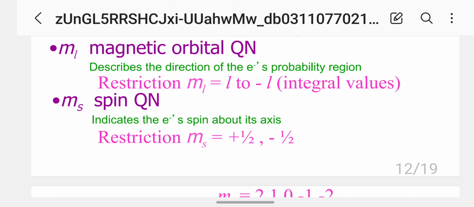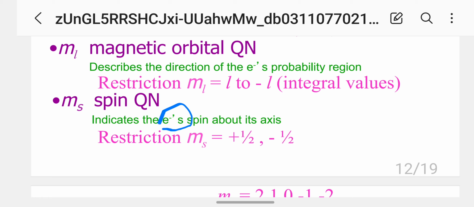That's the general mathematical or symbolic expression of the magnetic orbital quantum number. Then we have the spin quantum number, which indicates the electron spin.